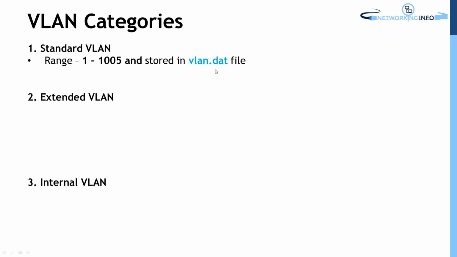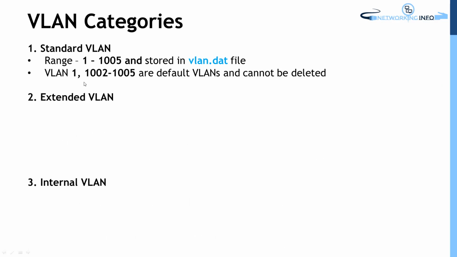So this VLAN.dat file is stored in flash mostly, but not mandatory it will be stored only in flash. It can be stored in NVRAM as well. It totally depends on what kind of category, what kind of switches we are using.